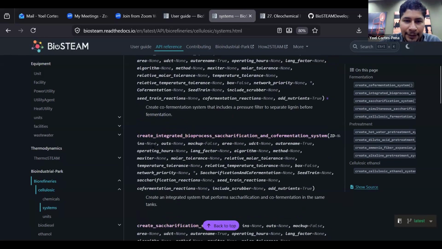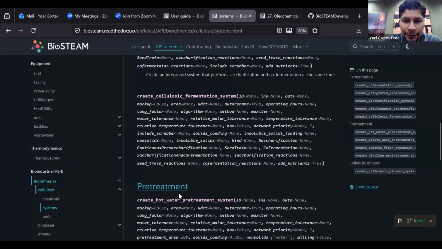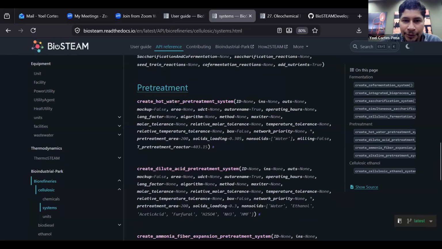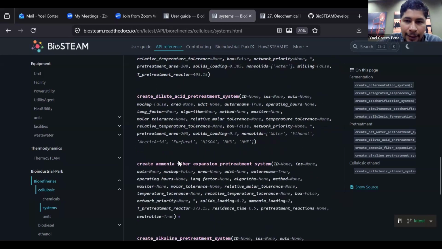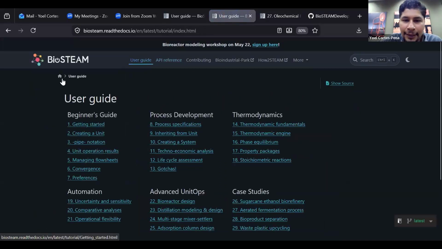I should mention some of these functions are used throughout many different biorefineries. For example, hot water pretreatment is used for corn stover, for sugarcane and miscanthus, for many different biorefinery processes. That's one of the resources that we have, and then there's the whole tutorial over here that can help you paste things together.